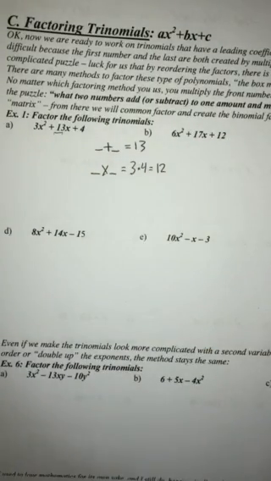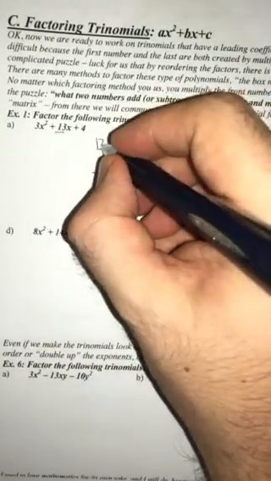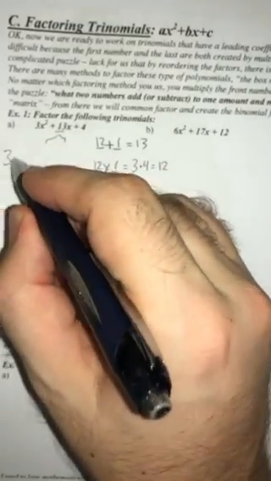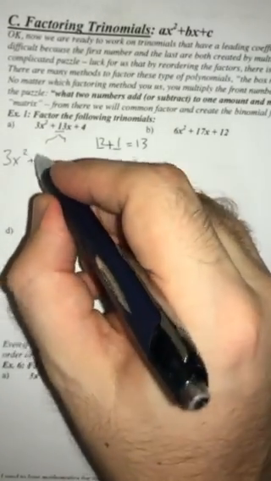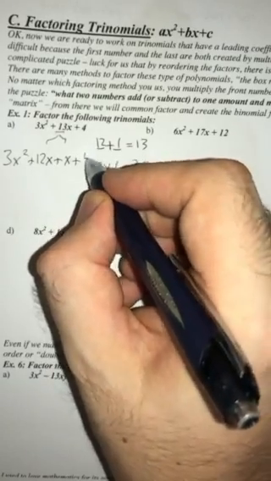What multiplies to 12? So this is just 12 and 1. So from that, I'm going to split up this middle term. So I'm going to end up with 3x squared plus 12x plus 1x plus 4.